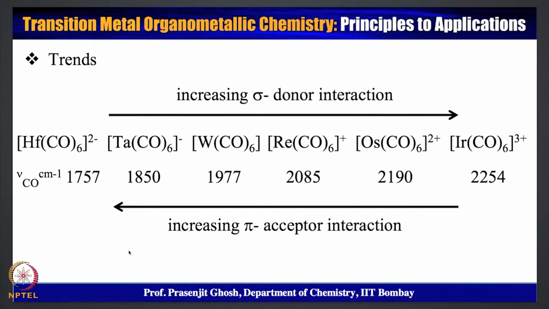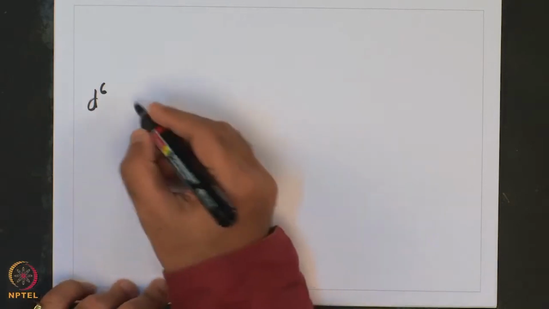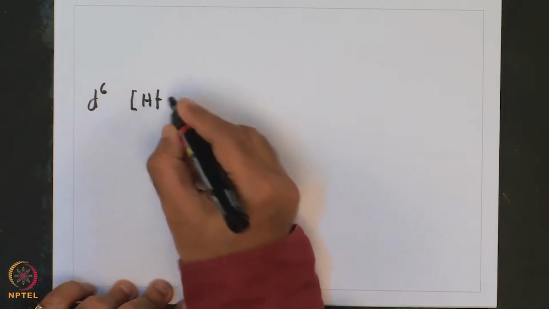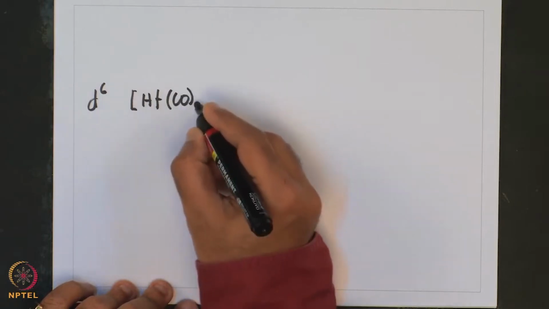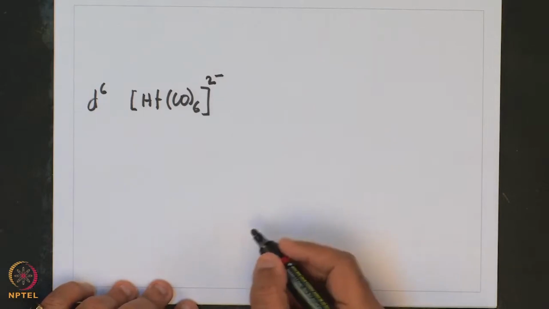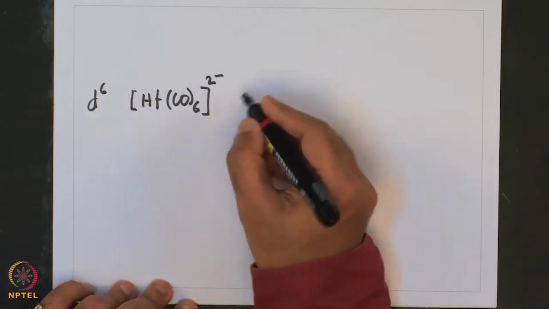For example, we are going to take a look at a series of complexes. These are all d6 type complexes. For example, hafnium CO6 2 minus, this is a metallate, this has d6 electrons.